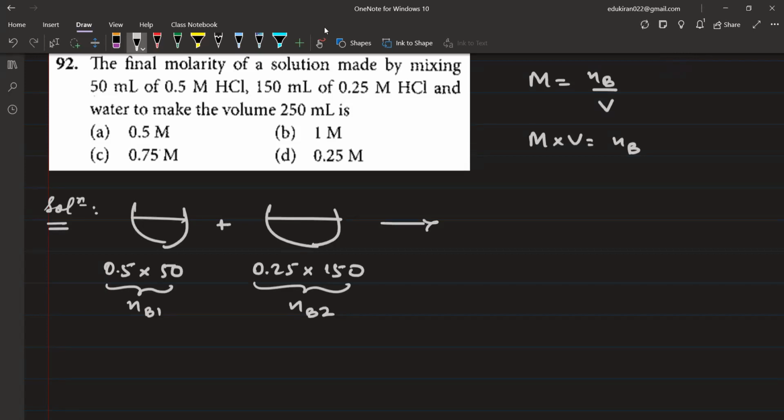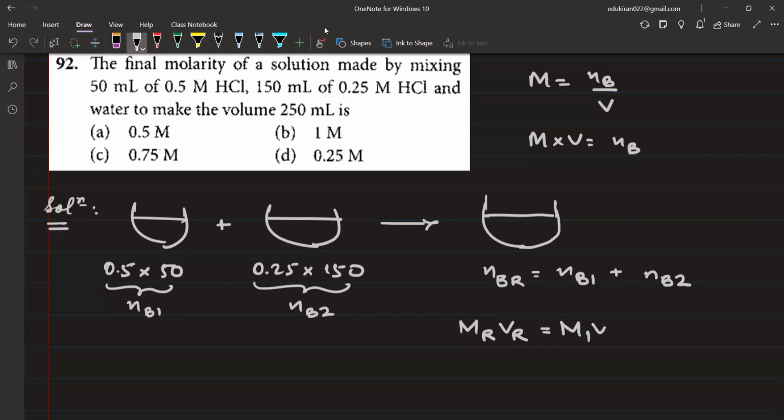When we are going to add both of these solutions, then what should happen? The volume is changing, the molarity is changing, but the number of moles can be directly added. So I can write the number of moles in this resultant solution, nR, will be equal to n1 plus n2. nR will be equal to the molarity of the resultant solution multiplied by the volume of the resultant solution, which will be equal to molarity of the first solution multiplied by volume of the first solution, this quantity, plus M2V2.